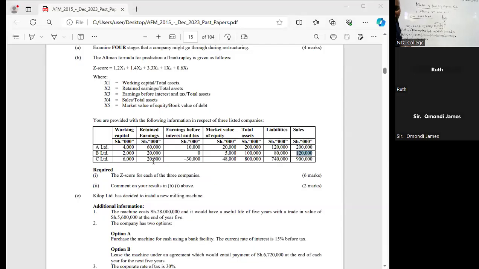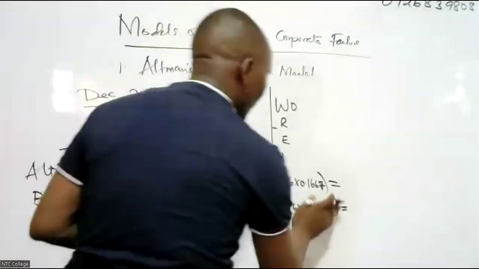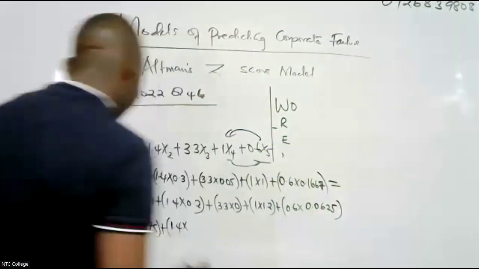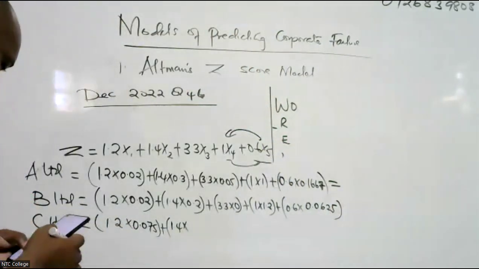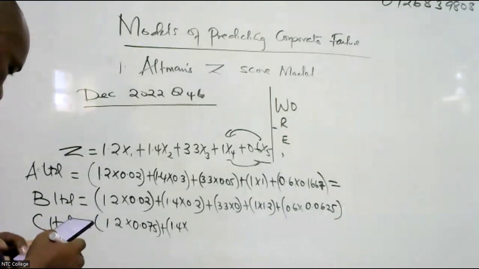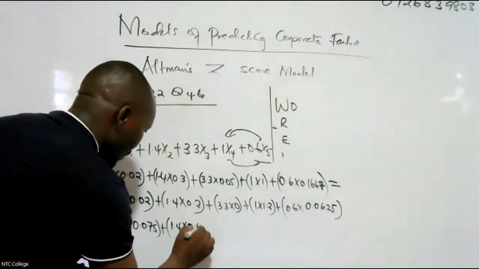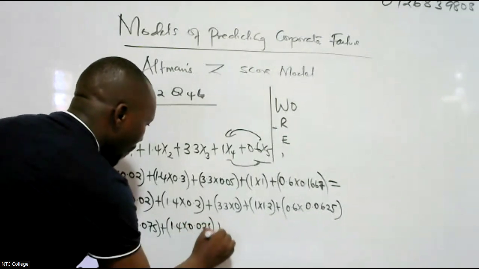Retained earnings is 20. 20 divided by 800. That gives 0.025.